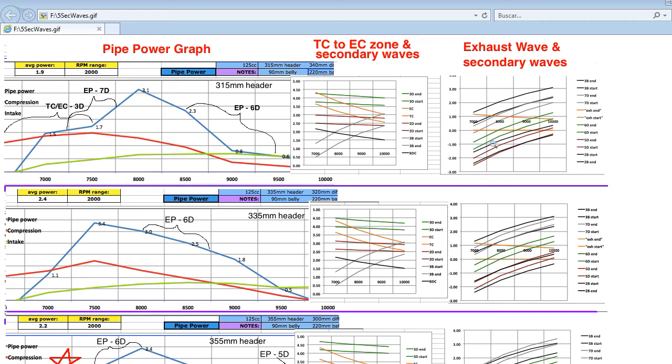In this chart right here, we've got in the orange zone the exhaust wave. The 0 is when the exhaust port opens, and so you've got a certain amount of time for that wave to happen coming out of the exhaust port. And then you've got these waves crossing it. We've got two positive, which can increase the positive pressure of the exhaust pulse.